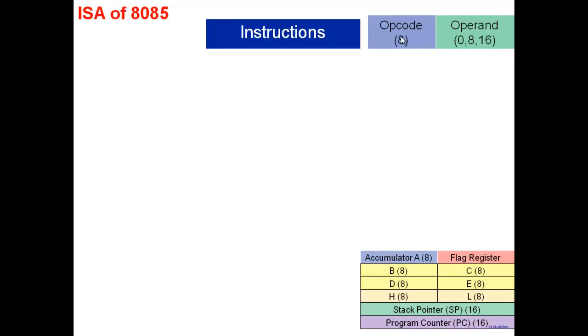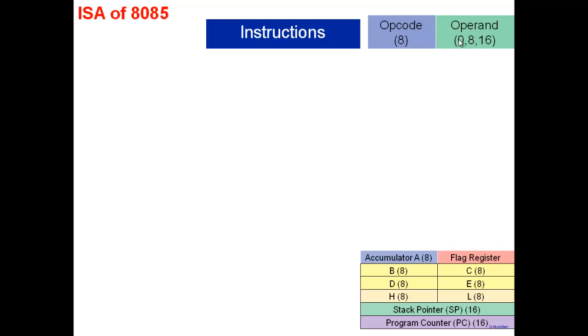It could be an add. And the operand says the addition has to be done on some data. So the operand carries the information on what that thing is on which you want to do the addition operation. So in general it would be opcode plus some operand.